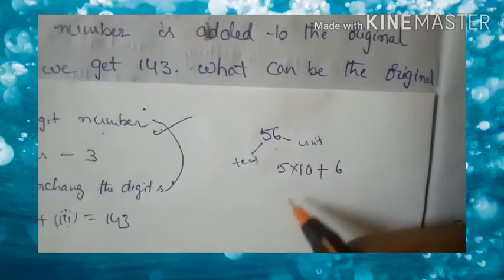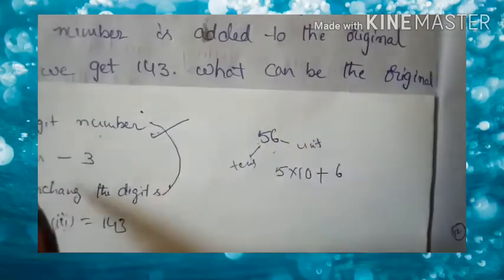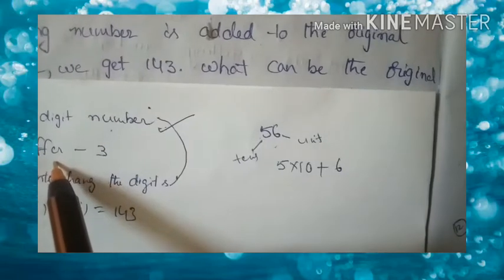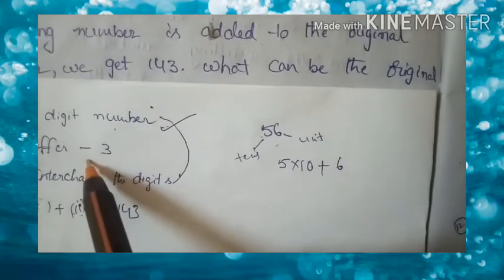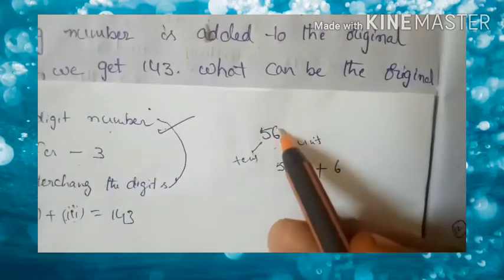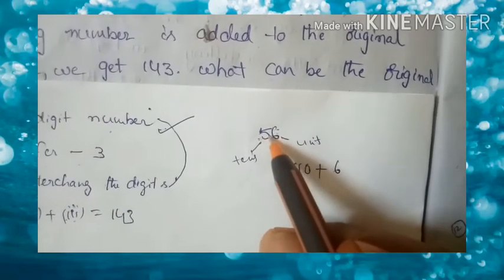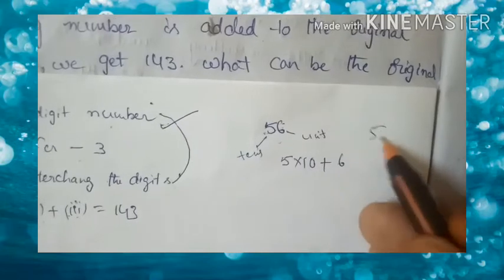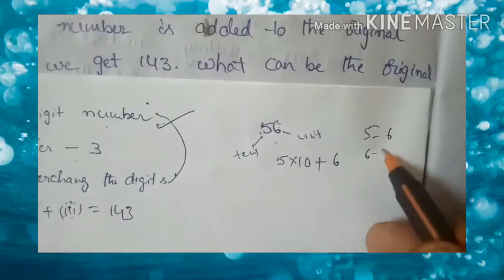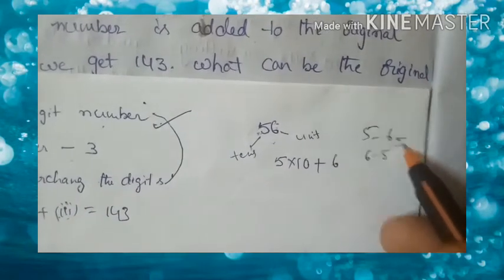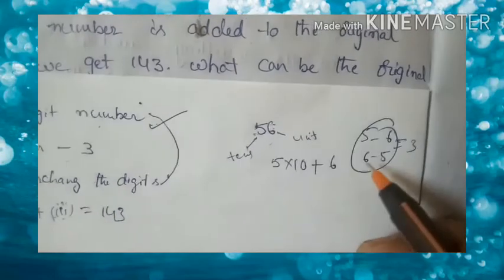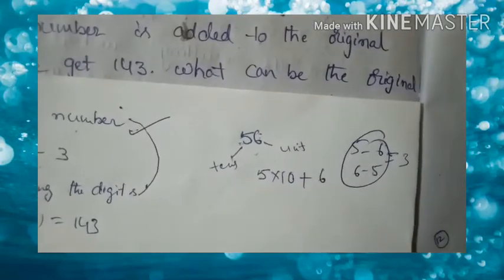Yes or no? Yes. Next, they are saying the second clue is the difference of these two digits is 3. That means 5 minus 6 or 6 minus 5, then you will get 3. This is the second condition. Okay.